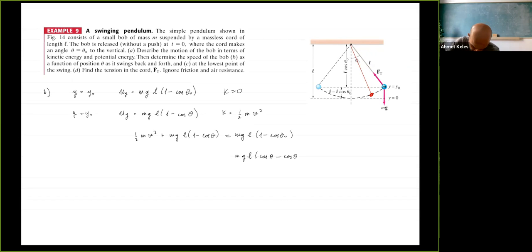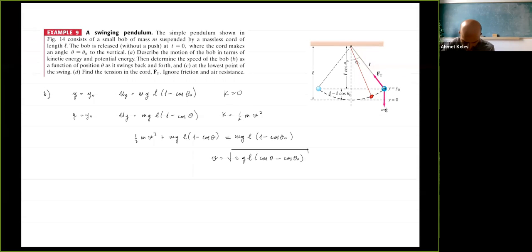And I think I can cancel m's. So this is gone. And this one is v squared. And I'm going to take the root. Something like that, if I didn't mess up. Check. Yes, good.